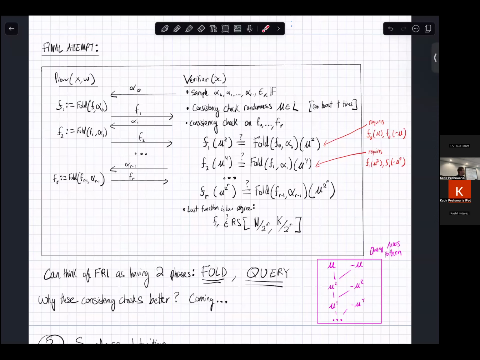I see. So you use the same mu to check all of them. Yes, I'm using the same mu, so it's actually correlated. Why is it the same mu?